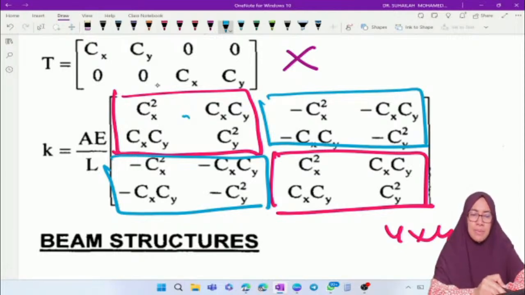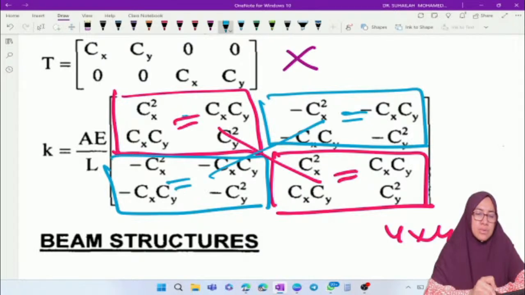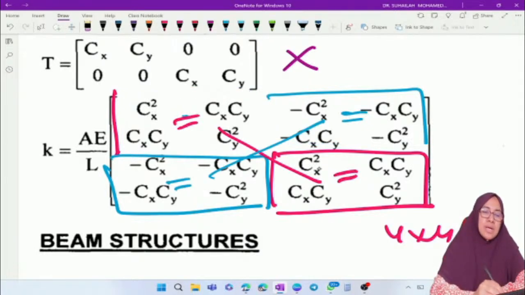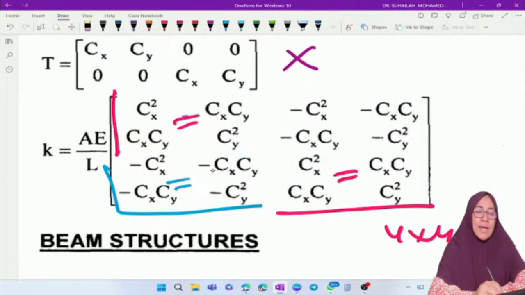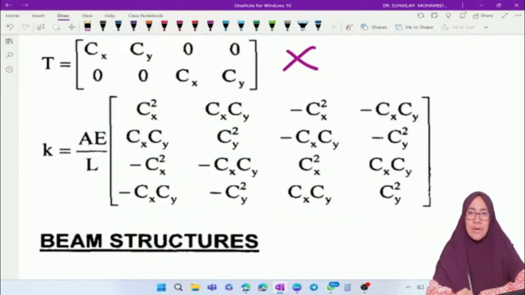Okay, the highlighted pink ones are equal. The blue, these two are also equal. This means we just need to focus on how to get cx and cy correctly, or lambda x or lambda y correctly.